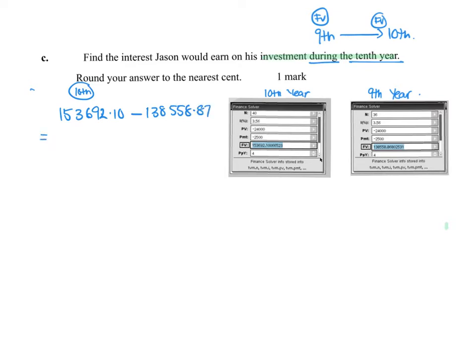So if I do that on the calculator, you can see that it's gone up by 15,133.23. So that's how much it's gone up. The final value has gone up.